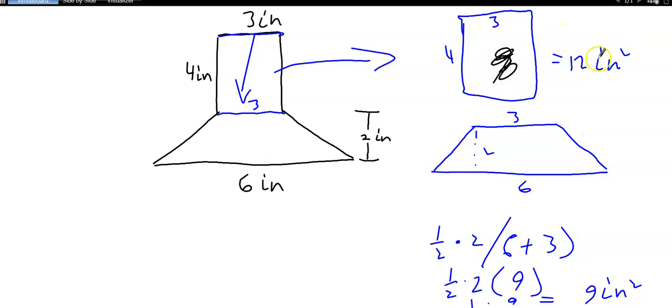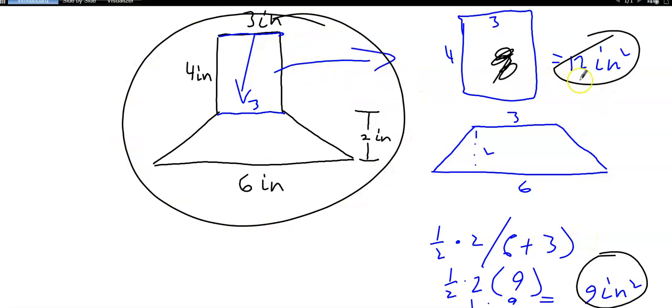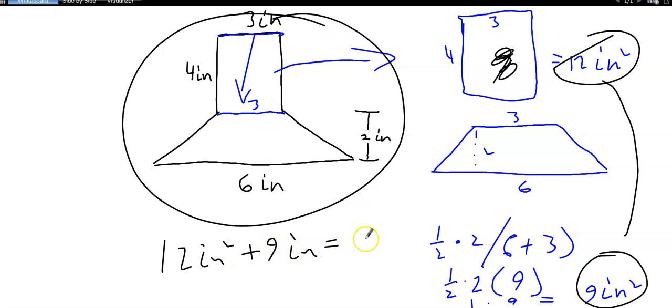Sorry, it was 12, and the other one was 9. So overall, we have to put the two areas together to find the overall area. The 12 plus the 9, 12 square inches plus 9 square inches gives us 21 square inches.